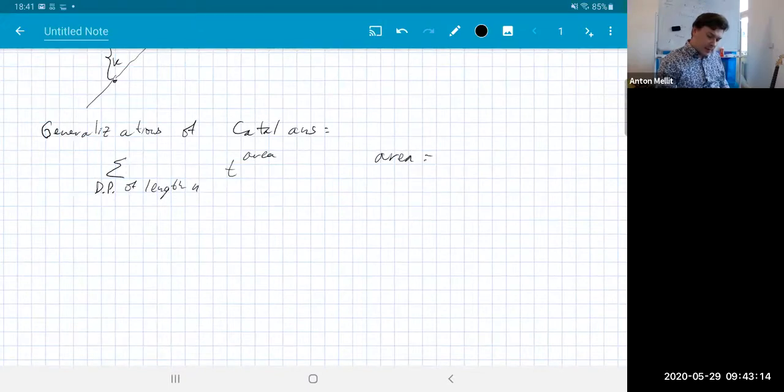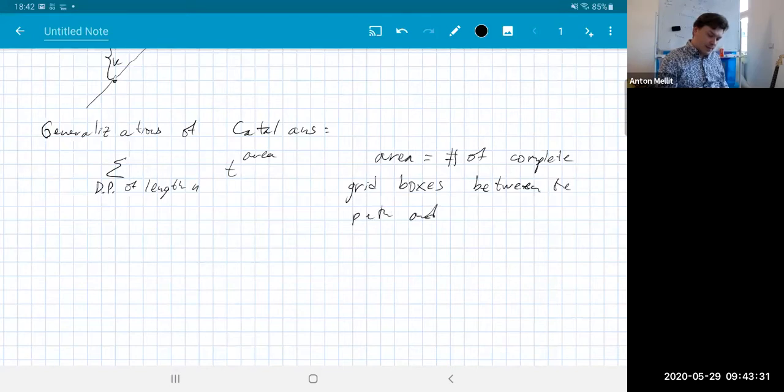So the area is the number of complete grid boxes between the path and the diagonal. And so what do we get? We get something like this. Let's again draw the table, with C_n(t).